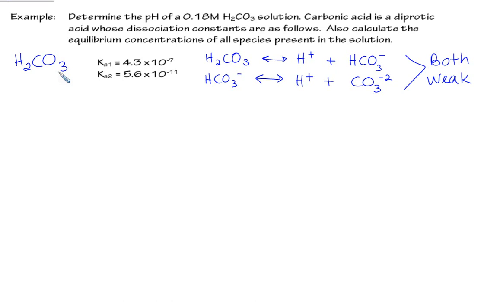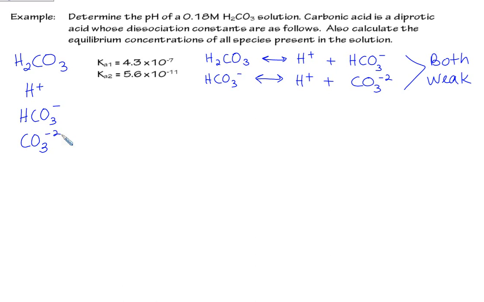Okay, so I'm going to have some neutral carbonic acid molecule. Obviously, we're going to have some hydrogen. We're going to have some of the hydrogen carbonate ion. And we're going to have some carbonate, -2. Because again, here's the deal. In the second dissociation where we formed the hydrogen carbonate ion, not all of that goes forward.